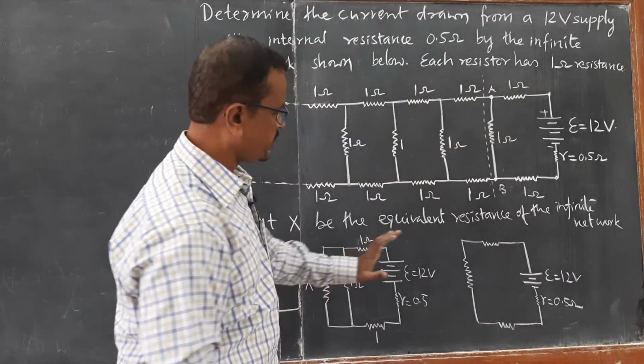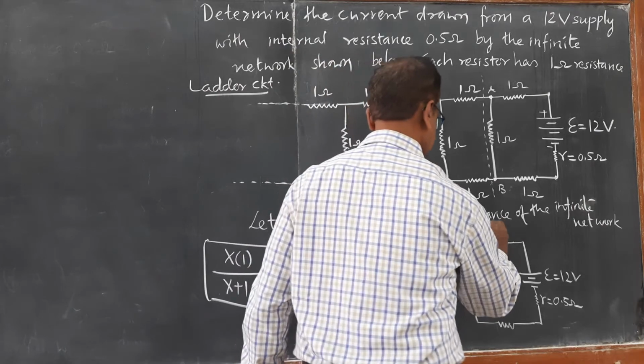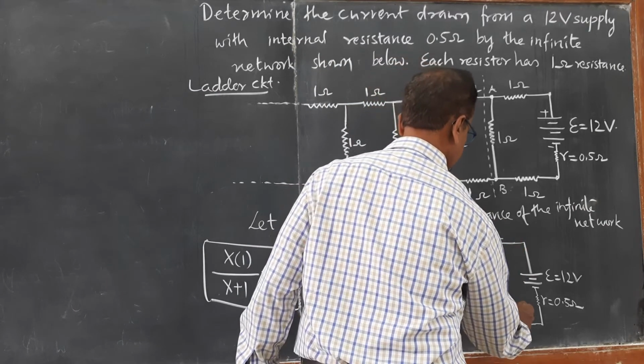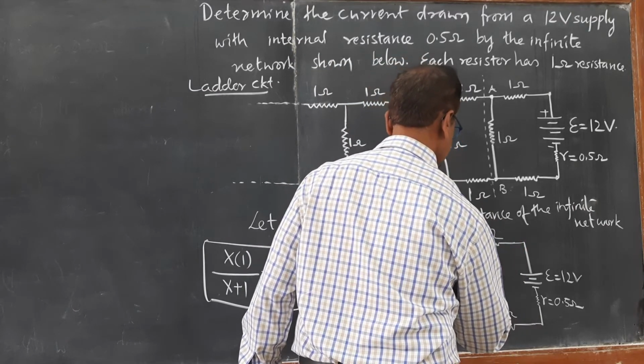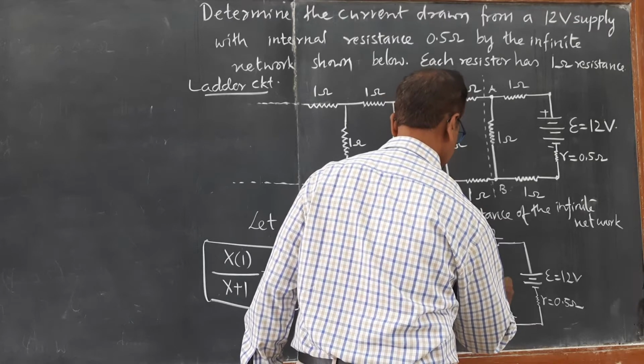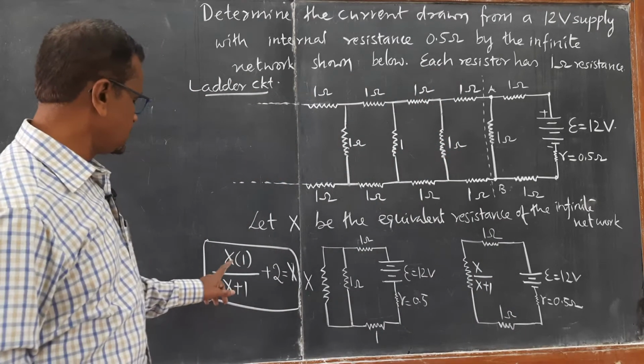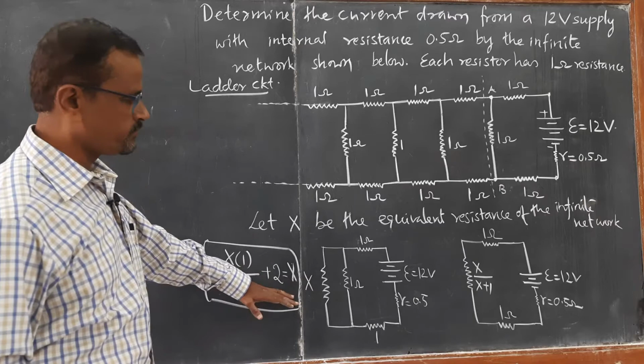Same diagram I have drawn, the equivalent diagram. So this is 1 ohm, this is 1 ohm, and this is X by X plus 1, since X into 1 becomes X. Now we will solve for X.